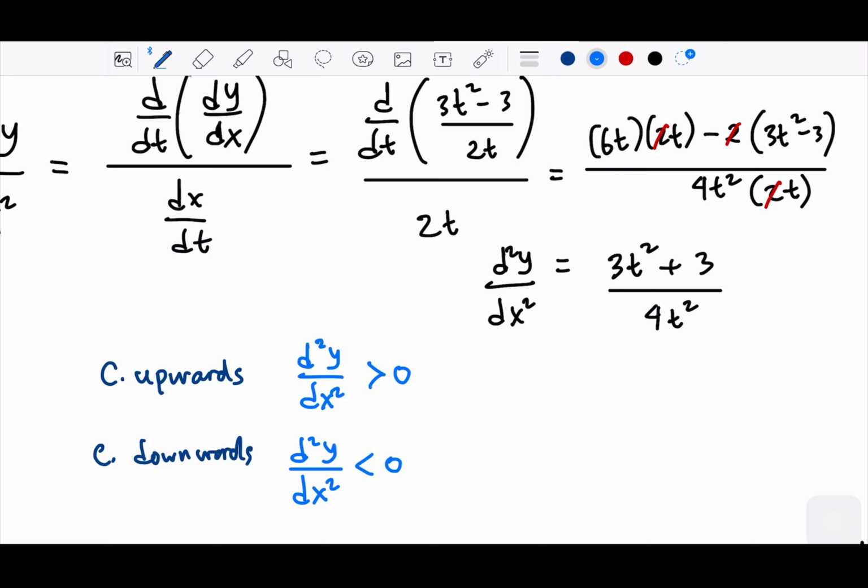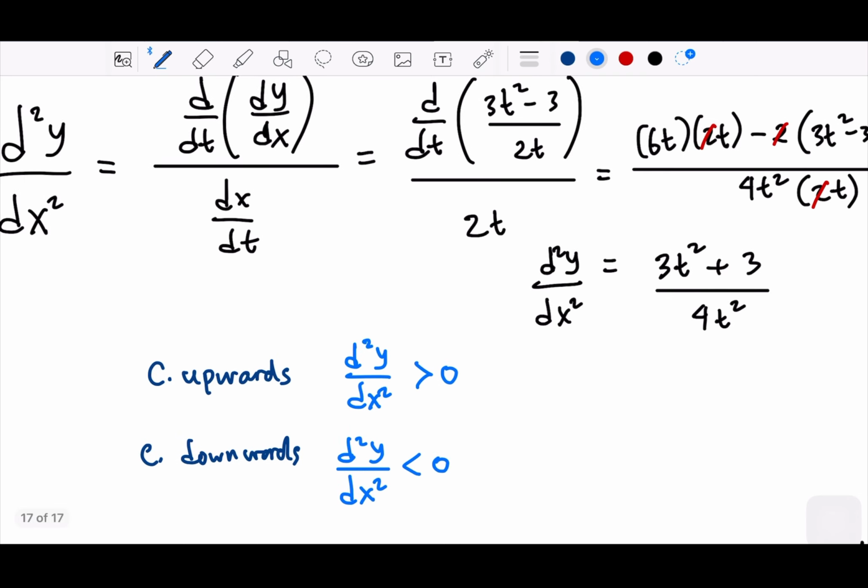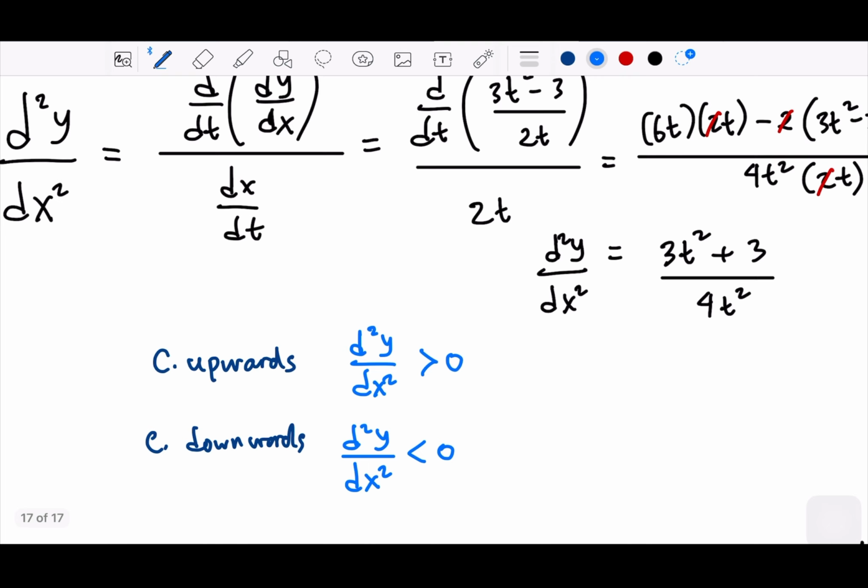And how to differentiate visually? I'm usually used to saying C, U, C, D. To imagine, U for upwards is like this, so the curve like this. I think it's easy to visualize. So upwards is like that and downwards like that.